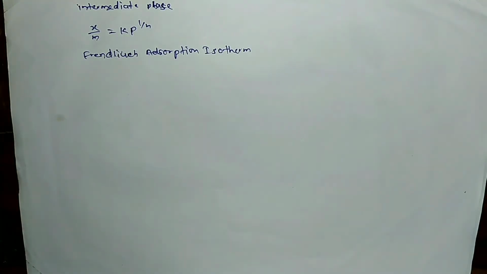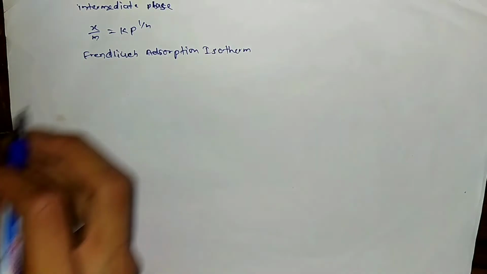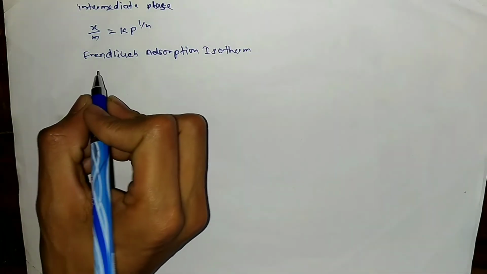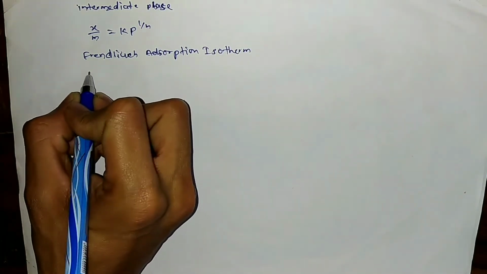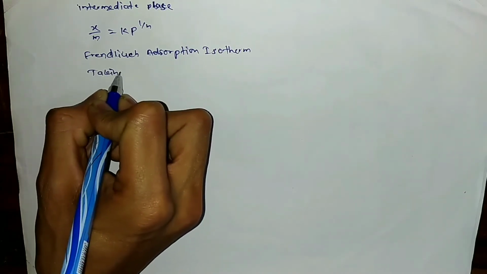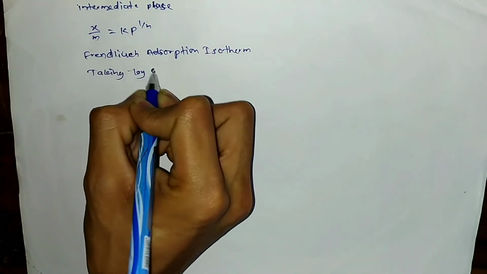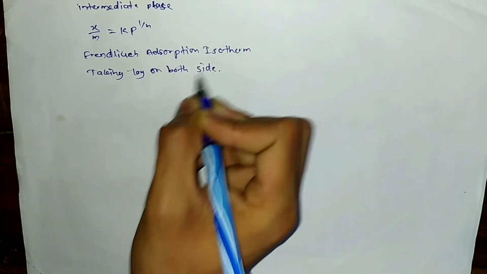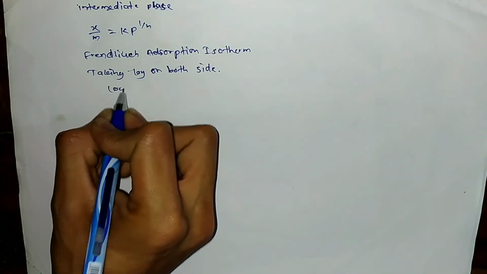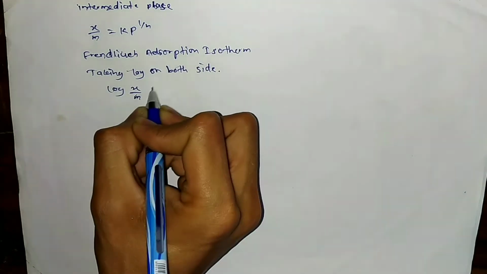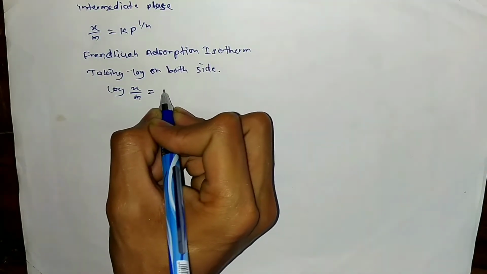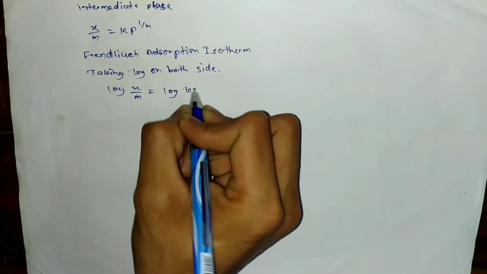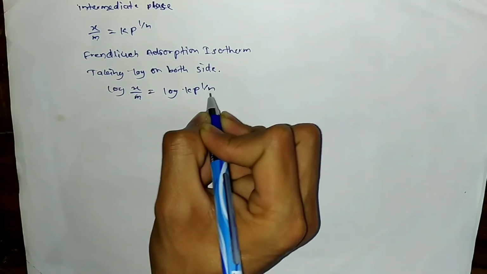If we take log on both sides, the equation will look like this: log x by m is equal to log k p raised to power 1 by n.